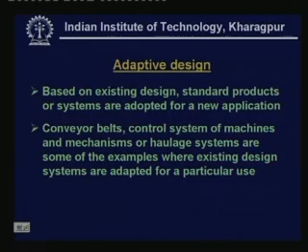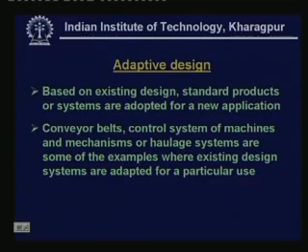Now, adaptive design is based on existing design. Standard products or systems are adopted for a new application. Conveyor belts, control systems of machines and mechanisms, or haulage systems are some of the examples where existing design systems are adopted for a particular use.